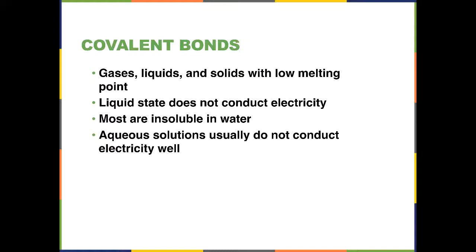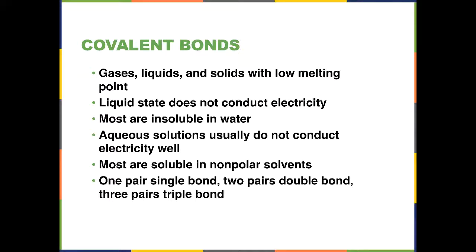For example, a substance that will dissolve in water but has covalent bonds is glucose or sugar. You can dissolve sugar in water and that will not conduct electricity the way salt and water will. However, if you dissolve these in a nonpolar solvent like benzene or an oil, they frequently will dissolve quite well.